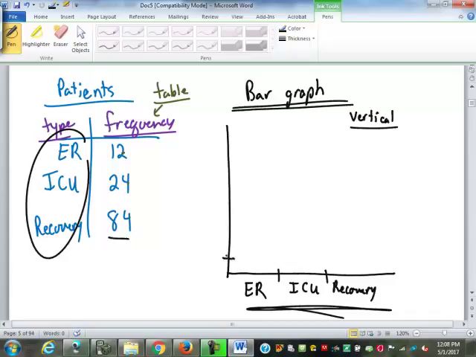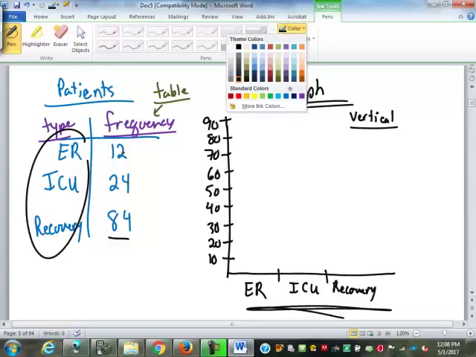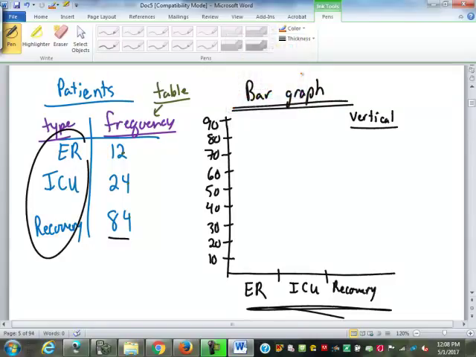So I'm going to go 10, 20, 30, 40, 50, 60, 70, 80, and 90. So I've numbered up at least to my largest number, and of course you may go a little bit past. So for ER, there's 12 people. It's about here.